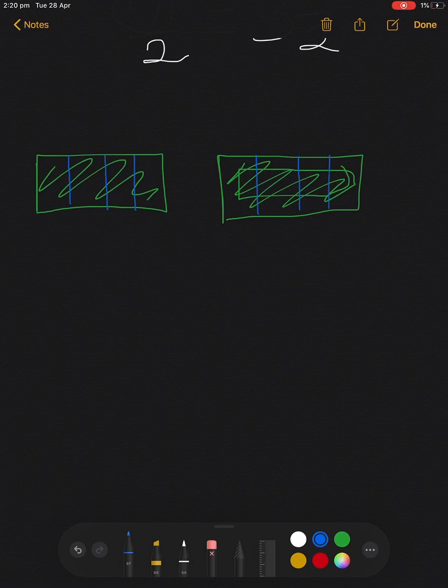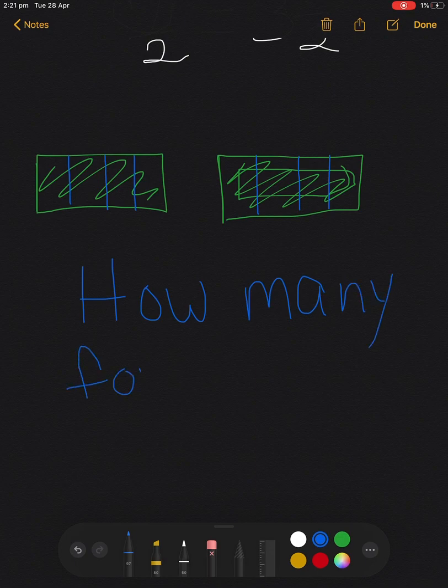The question is, how many fourths do I have? Because it's 4 equal pieces, I'm counting how many fourths. Remember, the bottom number tells me how many equal parts. Since each of these candy bars is divided into 4 equal parts, my denominator is going to be 4.